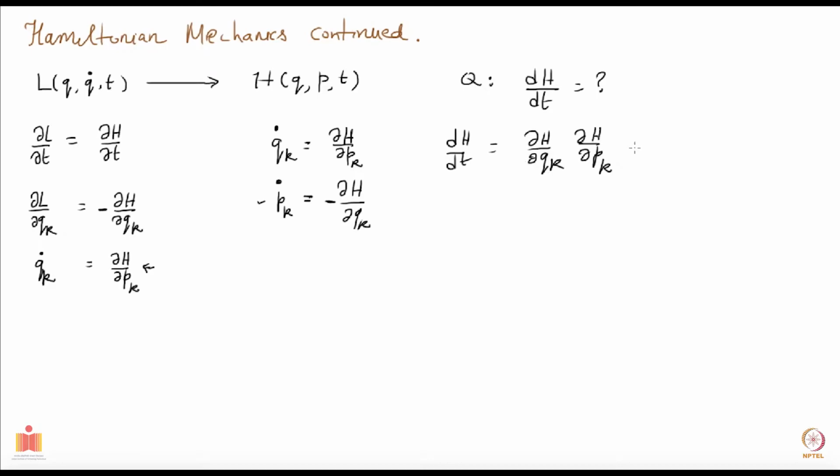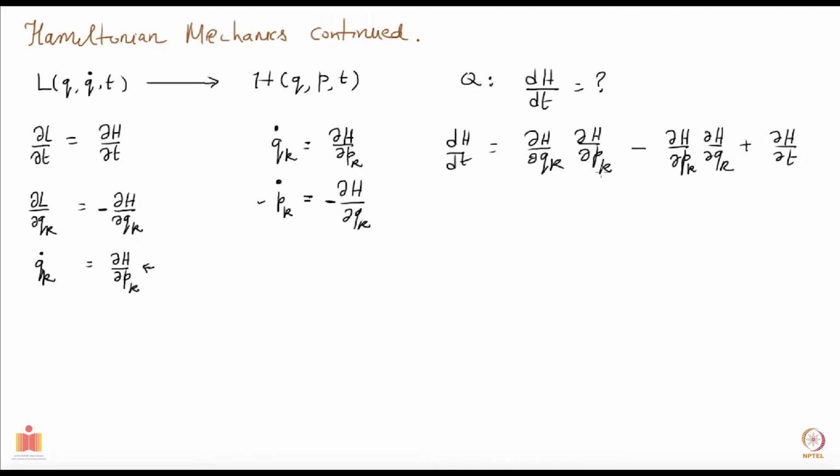There's a summation over k implied here. Plus I will take the derivative of H with respect to Pk, because H is also a function of P, and sum over all the ks. Then you have a Pk dot here, but Pk dot is minus ∂H/∂Qk, so I put a minus here. The third term will be the partial derivative of H with respect to time, because your Hamiltonian could in principle depend explicitly on time.